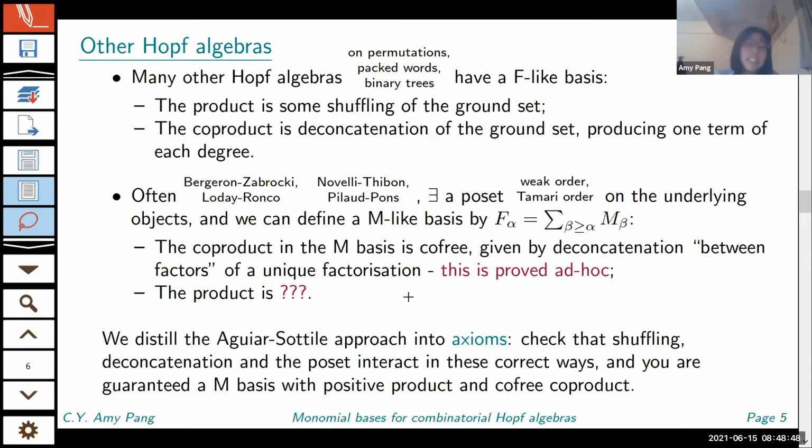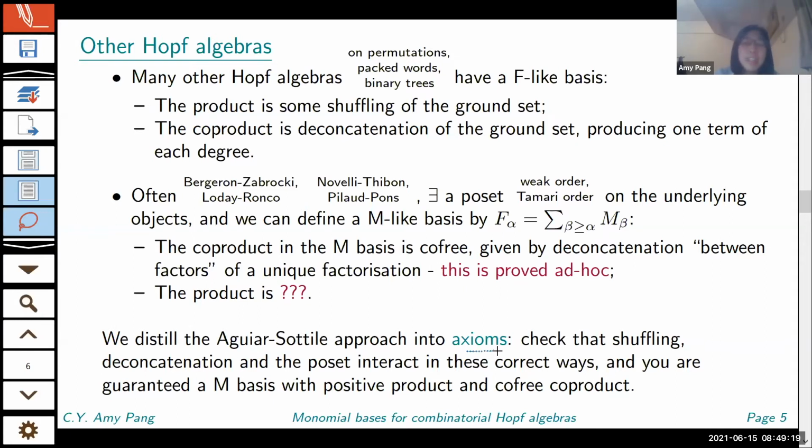To address these issues, one of the more complete studies of monomial bases is by Aguiar and Sottile, on the Hopf algebra of permutations. What we did is make a list of axioms for an arbitrary combinatorial Hopf algebra, under which the Aguiar-Sottile proof is going to go through.